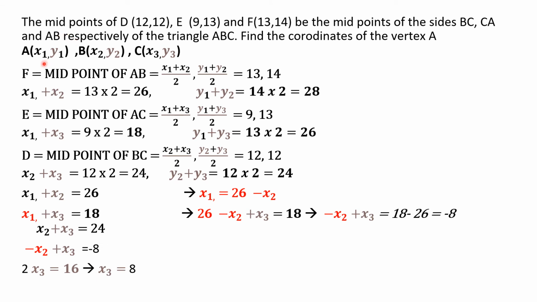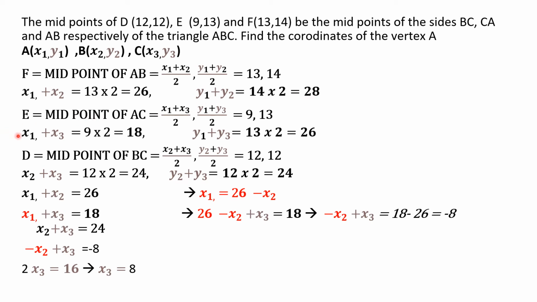Same sum is written. I am going to take A (x1, y1), B (x2, y2), C (x3, y3). You see F (13, 14) is the midpoint of AB. So AB's midpoint (x1 + x2)/2, (y1 + y2)/2 equal to (13, 14). (x1 + x2)/2 equal to 13 means x1 + x2 equal to 13 twos are 26. (y1 + y2)/2 equal to 14 means y1 + y2 equal to 28.